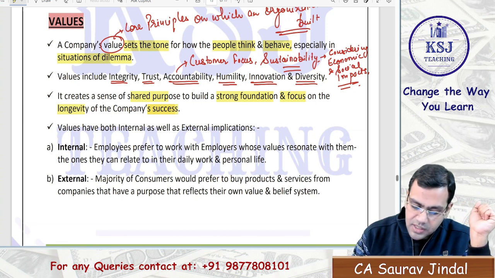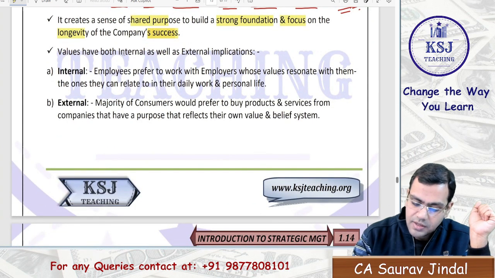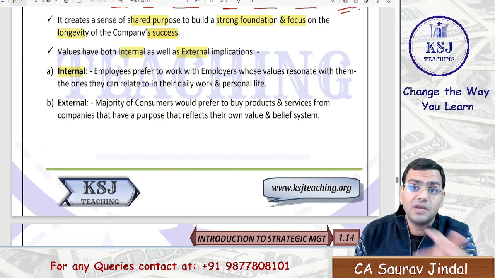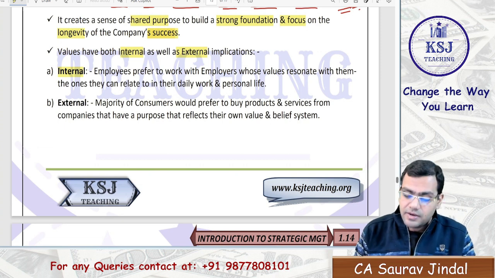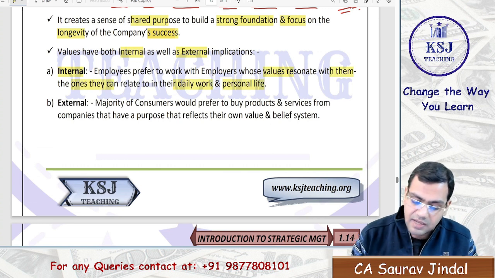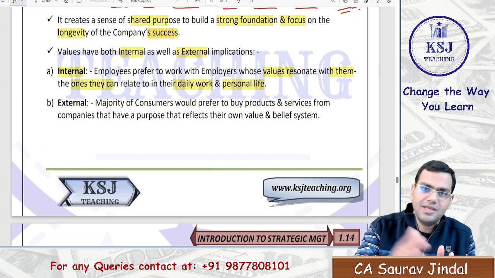The values have both internal as well as external implications. What are the internal implications? Employees prefer to work with those employers whose values resonate with them, the ones they can relate to in their daily work and personal life. For example, there is a very honest employee who joins an organization.